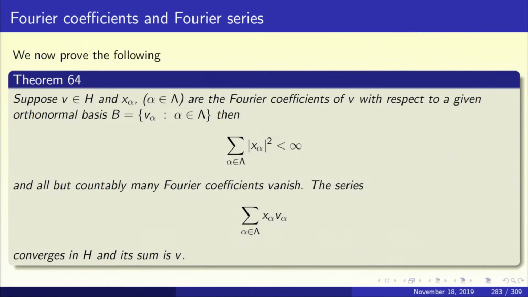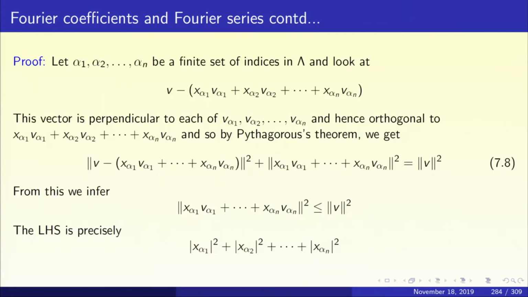So, we have got lots of things to prove in this theorem. First thing to prove is that the first displayed sum is finite. We are going to repeatedly apply Pythagoras' theorem, which you will have to recall. So, let us take a finite set of indices in lambda, alpha 1, alpha 2, alpha n, and let us subtract off from V this finite linear combination x alpha 1 v alpha 1 plus x alpha 2 v alpha 2 plus etc. plus x alpha n v alpha n.